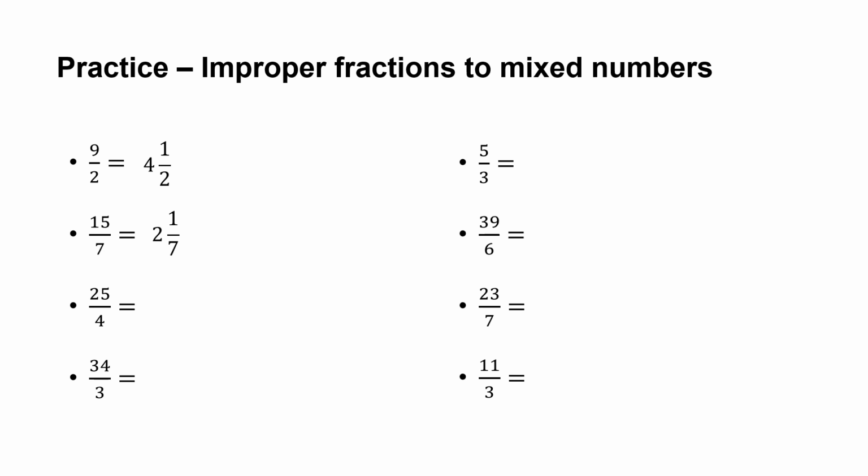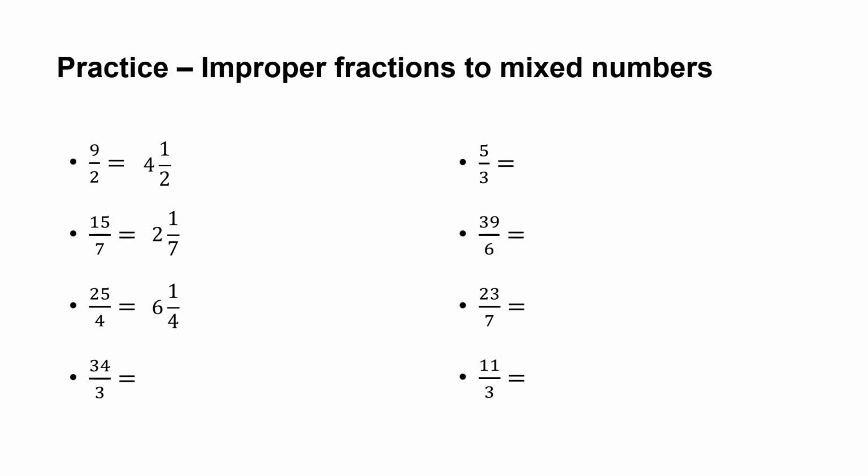Moving on, we have 25 over 4. So our number term is going to be 25 divided by 4, which is 6. And then for the remainder, 6 can be rewritten as 24 over 4. So our remainder term is 25 over 4 minus 24 over 4, which is going to be 1 over 4. So we have 6 and 1/4.